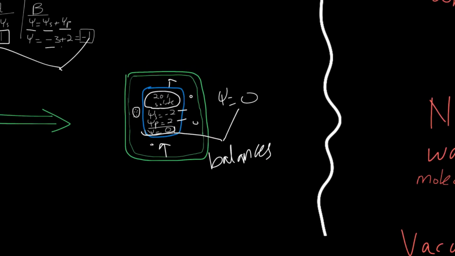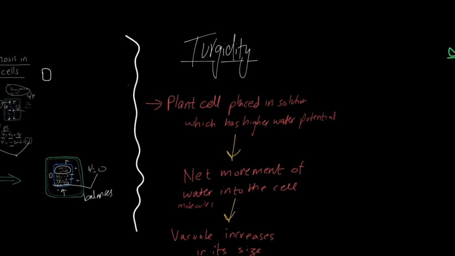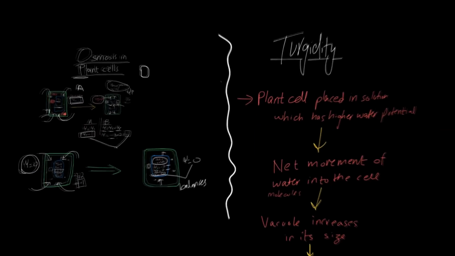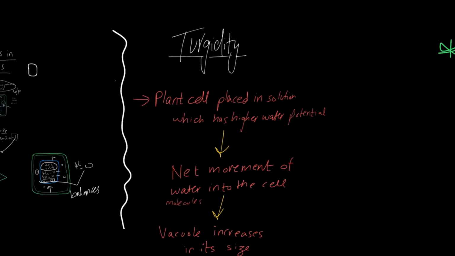Now moving on, we have to go to turgidity. Turgidity is one of the biggest things in osmosis in plant cells. It's turgidity and plasmolysis. So first we'll be studying turgidity. That's what I've explained right here. This is all turgidity.